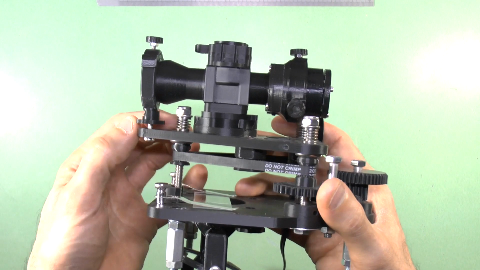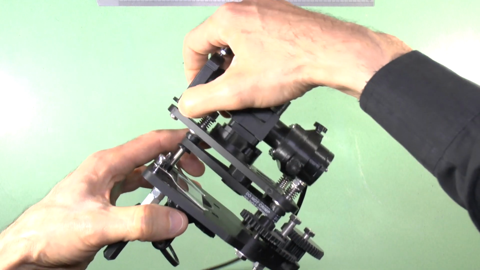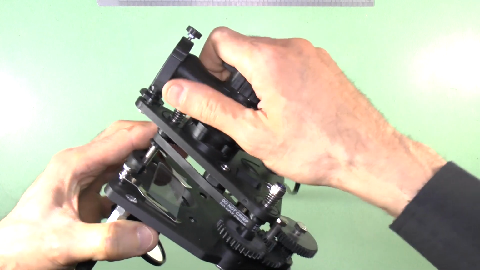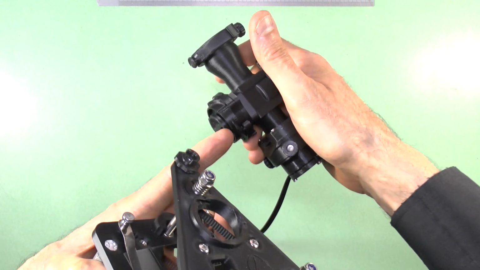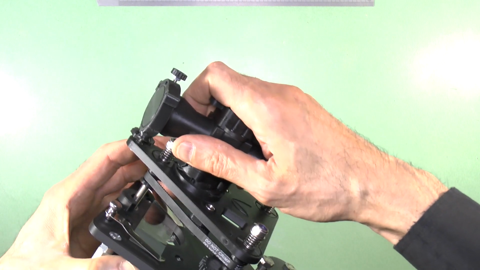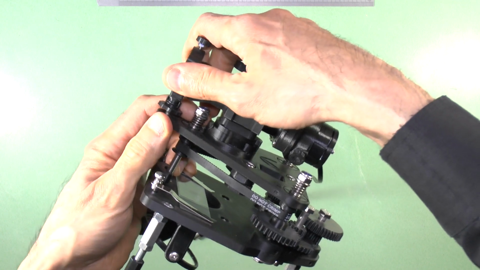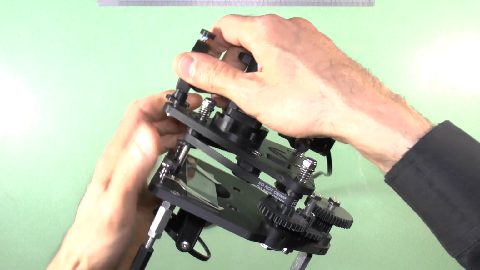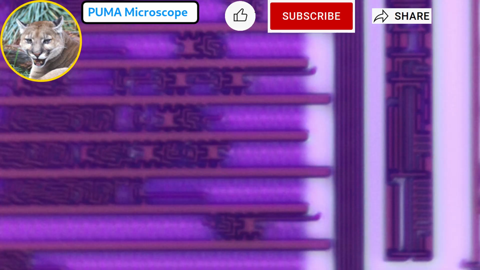Remember to release this clip lock mechanism whenever you need to remove the optical tube, for example to change objectives. Your PUMA Epi-illuminator is now complete and ready to use.